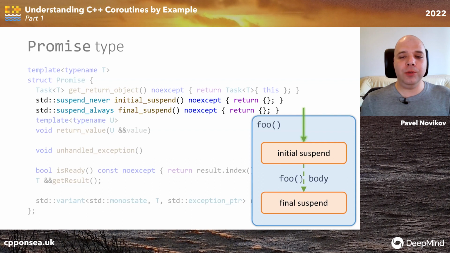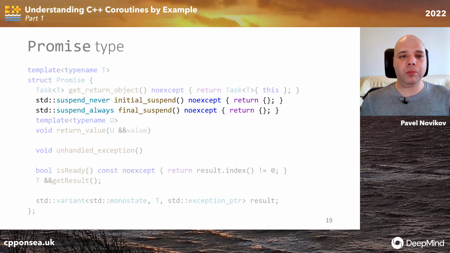We continue to execute the body of our coroutine and only suspend at the final suspend point, because we want to save the state of the coroutine. For example, if an exception occurred, we want to be able to get that exception from within the coroutine state. So in the final suspend point, we suspend the coroutine.